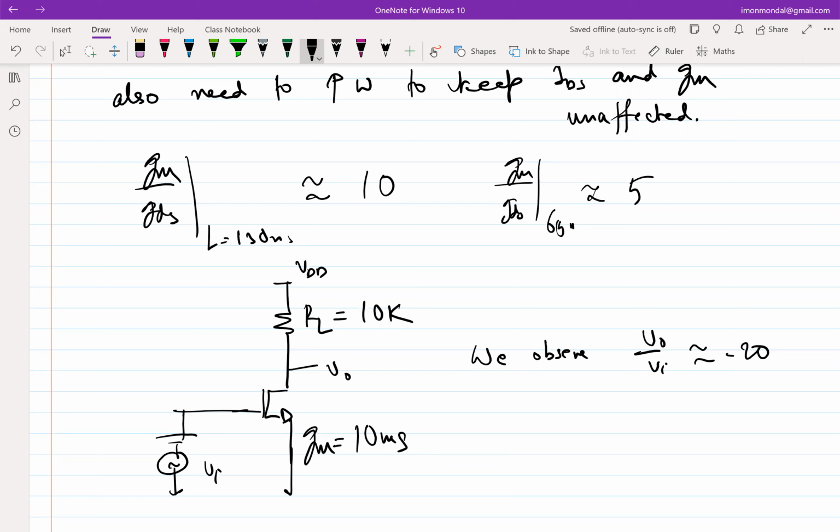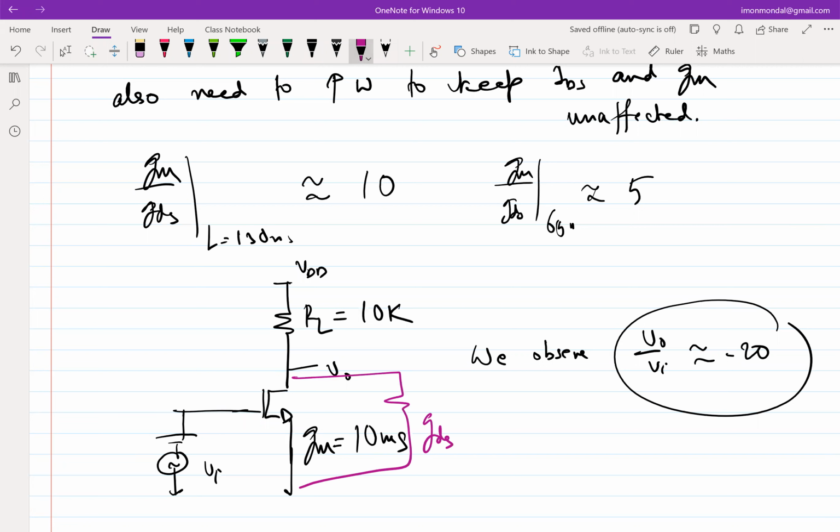So essentially, in the incremental sense, you have a GDS, or RDS if you're comfortable with that. All the incremental current will flow into RDS and not go into RL. Or in other words, RDS parallel RL is approximately equal to RDS. From this observation, can you tell me the approximate value of RDS?